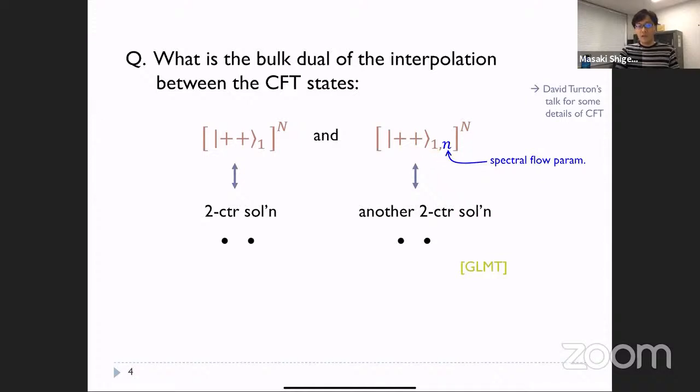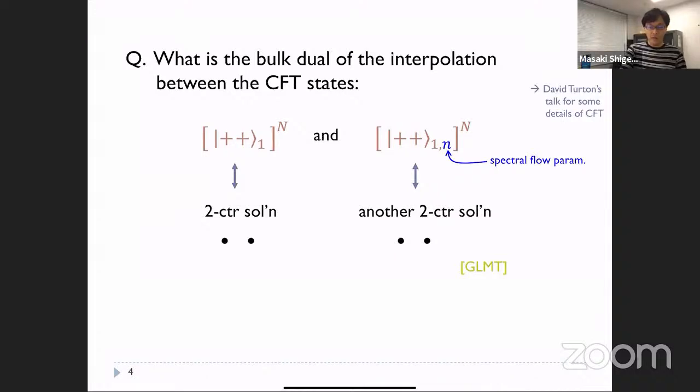This is basically the same strand of length 1, but it has been spectrally flowed. So spectral flow is some kind of transformation, which in some sense excites this strand by some amount parameterized by this n, the spectral flow parameter. And this is known to be dual to some other 2-center solution.